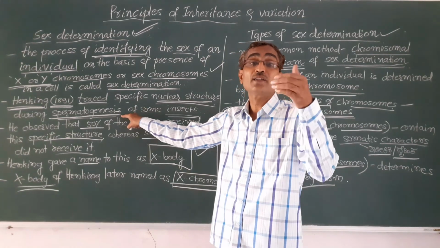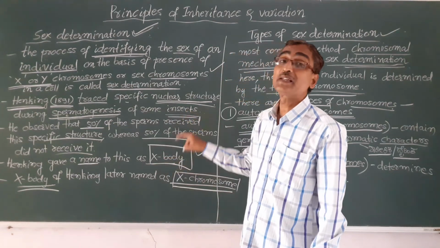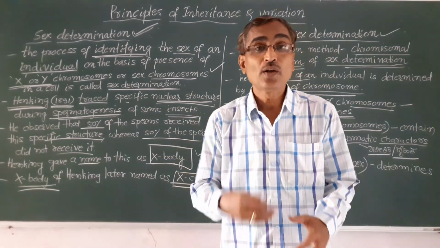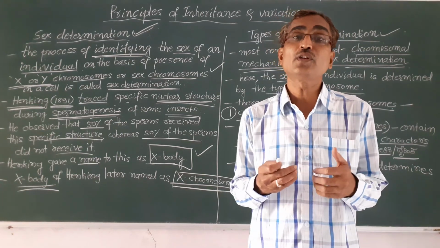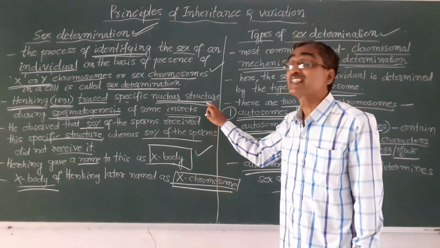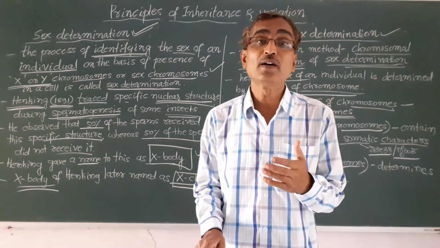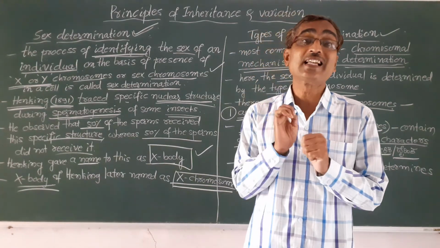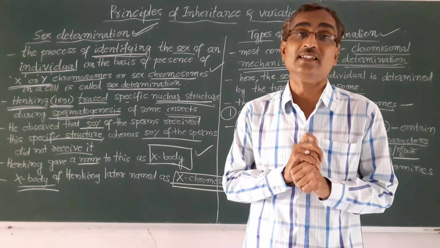Spermatogenesis means the process of formation of sperms in some insects. He was conducting experiments on insects and found specific nuclear structures during the formation of sperms, but he did not know what those structures were.